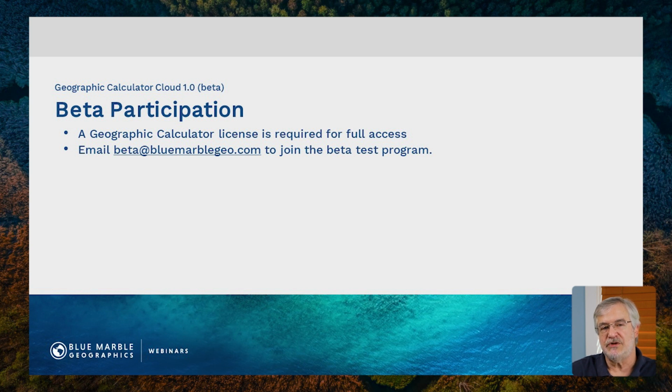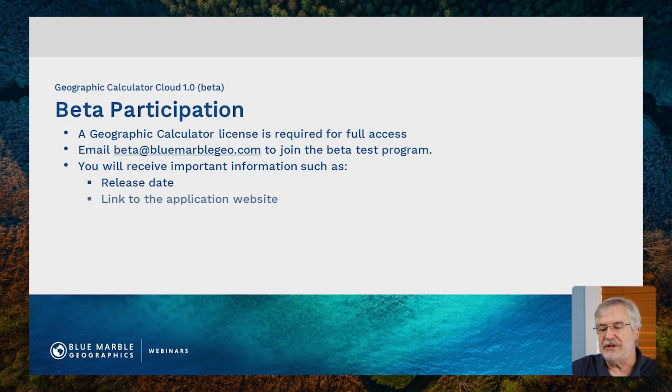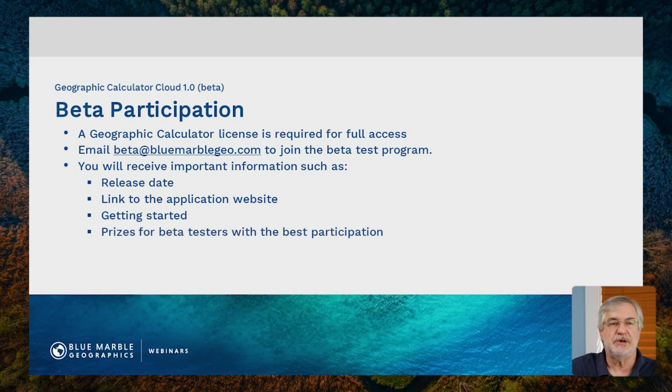And once I add you to the list, you will receive important information via email from Beta at Blue Marble on the release date, link to the application website, how to get started. If you're not a current Geographic Calculator user, we can add you to an order so that you can do beta testing for us. And there will be prizes for beta testers with the best participation. And I'll have more information on that at a later date.